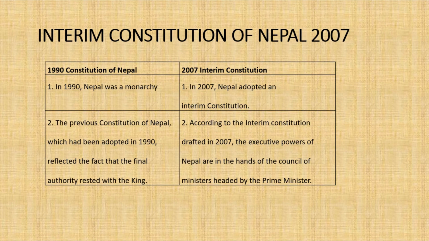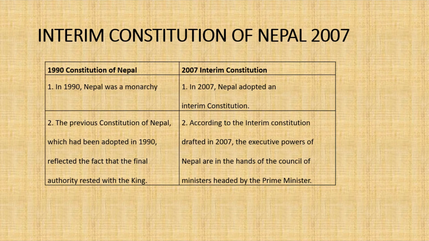Now let us see the differences between the 1990 constitution of Nepal and the 2007 interim constitution of Nepal. Okay, in the year 1990 Nepal was a monarchy. Already I have told you what is meant by monarchy. Monarchy is a form of government in which final authority rested with the king, right? Then in 2007 Nepal adopted an interim constitution. In which year did Nepal adopt an interim constitution?